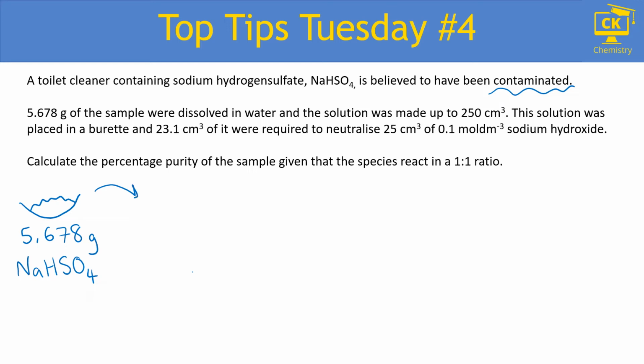So we're taking that solid and we're putting it, this is where you really don't have to be good at drawing, in a flask of 250 centimetres cubed. And this is an important thing to tick off as you're going along, because one of the key steps that people forget is that when we make up a standard solution in a volumetric flask, we don't use all of that solution in our titration.